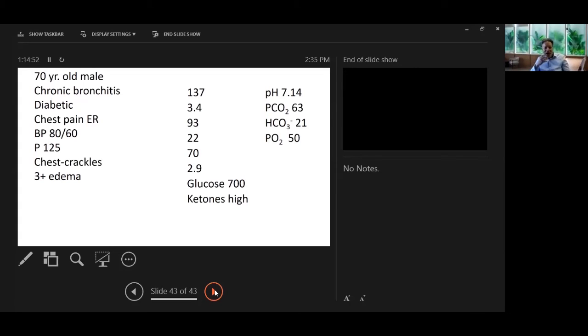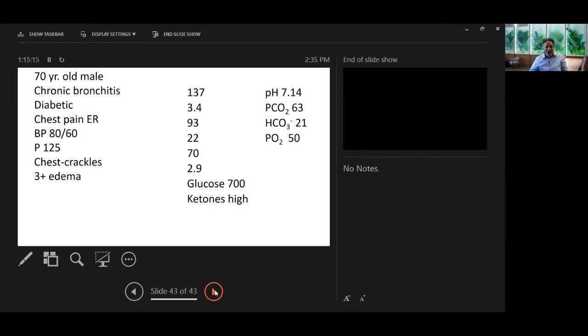The chronic bronchitis should be raising the bicarbonate, right? And the PCO2 is up by 23. So the bicarbonate should be up by 7, 8 or 9, something like that. And why isn't it? So there must be something else in addition to the chronic respiratory acidosis.